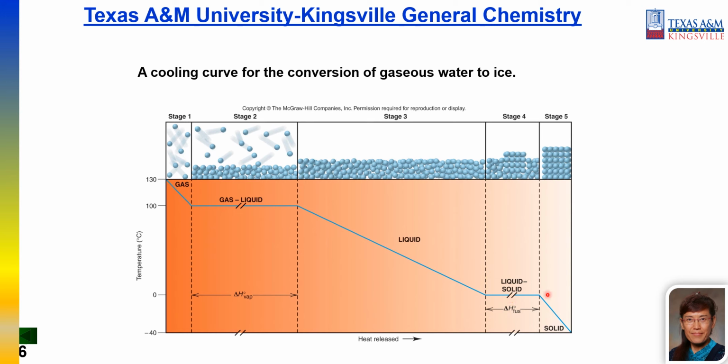Whenever all the liquid becomes solid, you keep decreasing the temperature from 0 to -40. This is called solid cooling. So you can calculate stage 1, 2, 3, all the way to 5, the heat transferred. So the Q can be calculated using the previous two equations.